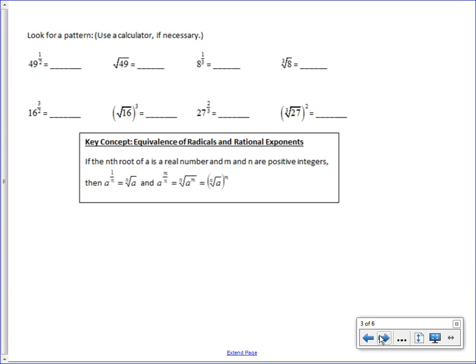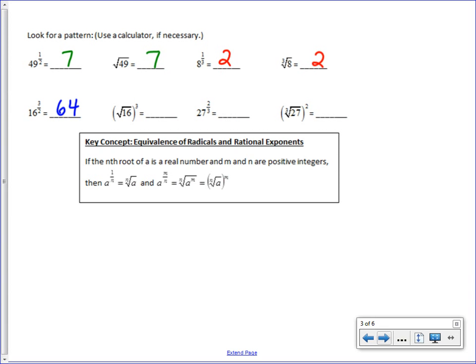All right, as I hope that you have found here, 49 to the 1/2 power is 7, and the square root of 49 is 7. 8 to the 1/3 power is 2, and the cube root of 8 is 2. 16 to the 3/2 power is 64.